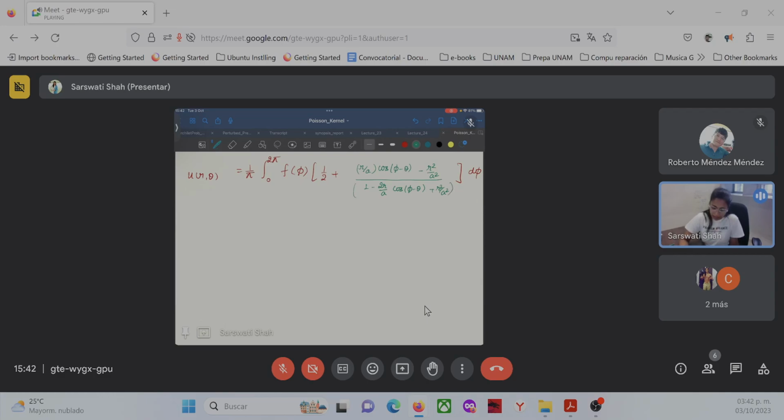And if you add 1 over 2 to this, it will be simply, and taking the LCM of the numerator and the denominator, a square will go to here.